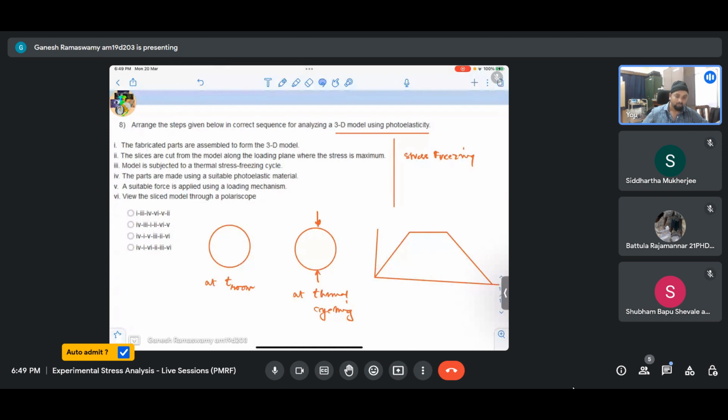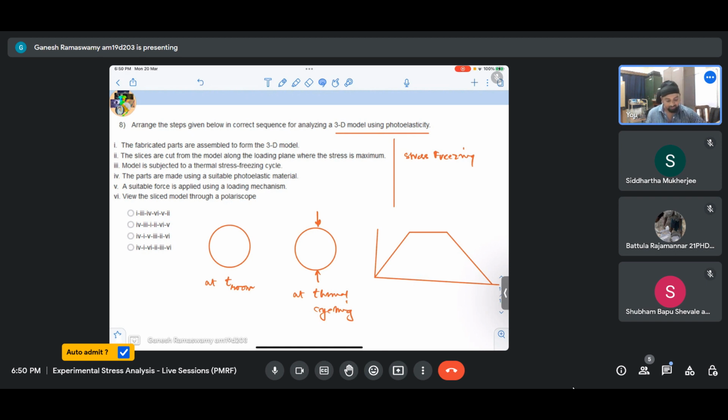Once it comes back to normal temperature, even upon the removal of loads, we will be able to see that the stresses get frozen inside that model. If we were to place it in the polariscope, even without any load, we will be able to see the patterns that we see in case of two diametrically opposite compressive forces applied to a disk. So this is the basic idea of stress freezing.